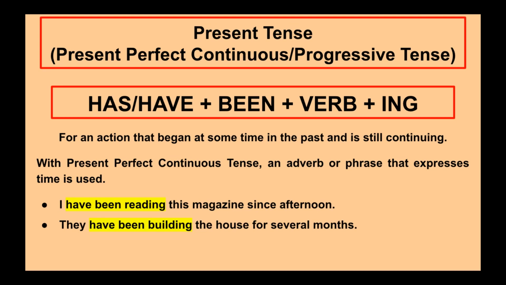With present perfect continuous tense, my dear students, an adverb or phrase that expresses time is used. Let us look at two examples. I have been reading this magazine since afternoon. They have been building the house for several months.